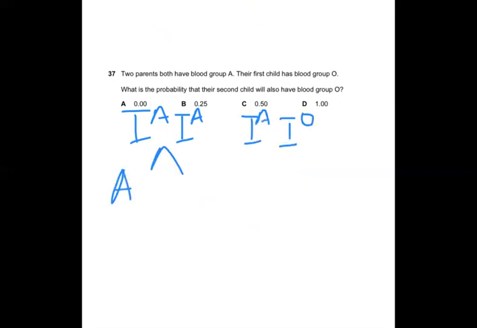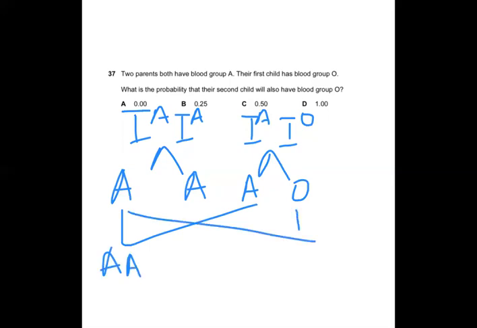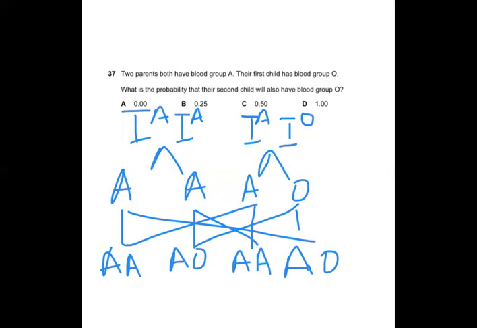Again, I'm representing by A and O only. Over here, all the offspring have the phenotype A, their blood group is A. So again, this is not possible because their first child has to have blood group O.